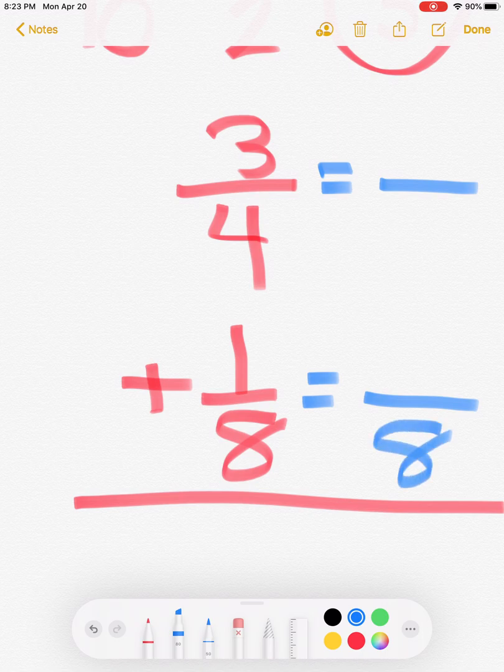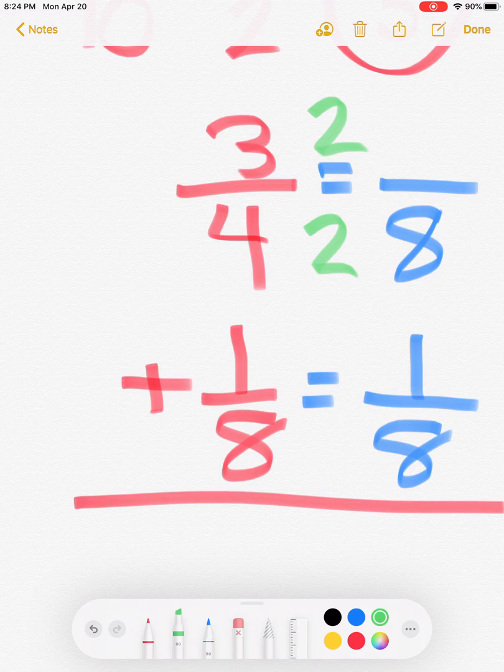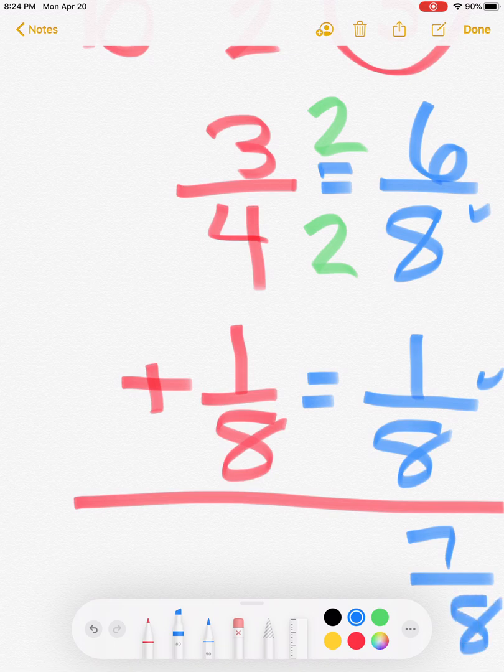So I'm going to go ahead and put the 8 for both fractions. The 8 is already there in the bottom fraction, so that stays as 1/8. But then we have 4 times 2 is 8, so we take that 2 and move it to the top, and it becomes 3 times 2 is 6. So then we have 6/8 plus 1/8 becomes 7/8. I'm just reminding you about getting a common denominator and how to get that equivalent fraction.